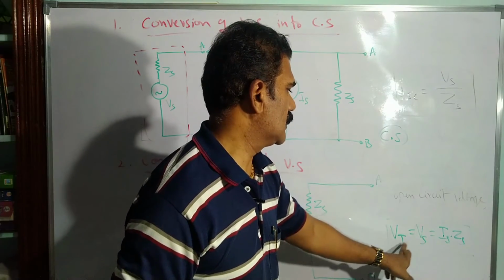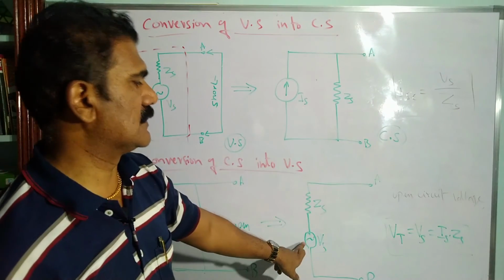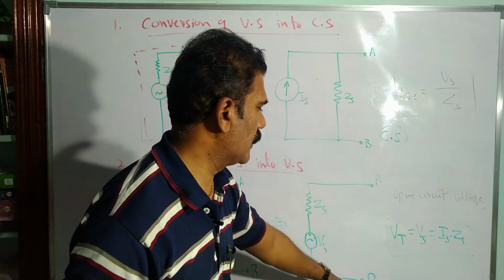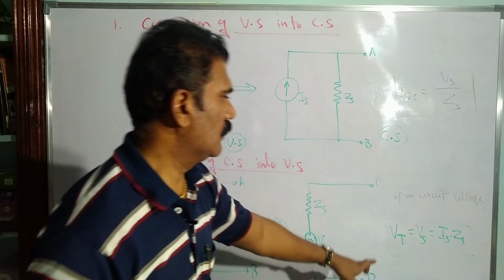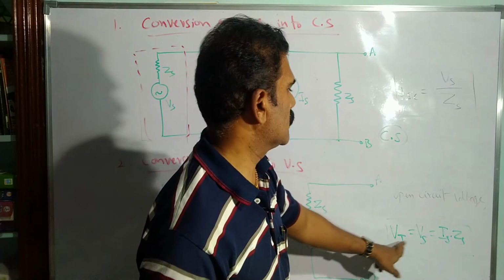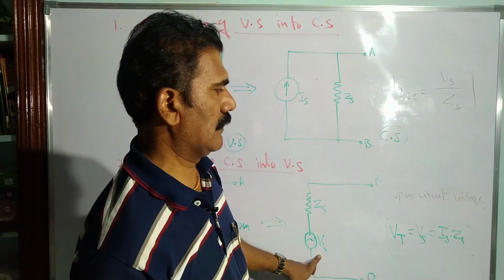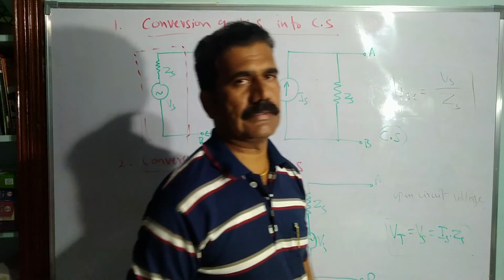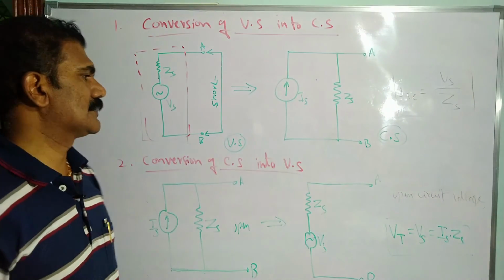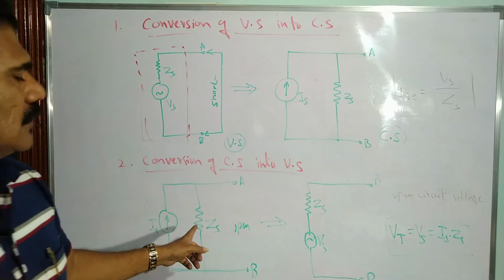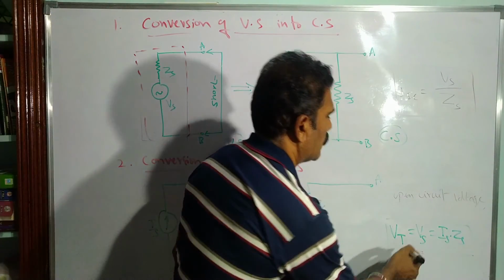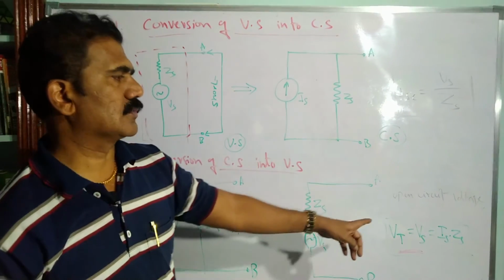So Vt is equal to the source voltage itself, because there is no other load. Once the terminals A and B are open, without any load, the terminal voltage is equal to the source voltage itself. Again according to Ohm's law, it is given by Is into Zs. As we already discussed, in both cases the internal impedance is the same, so the voltage measured across the terminals Vt should be equal to the source voltage.